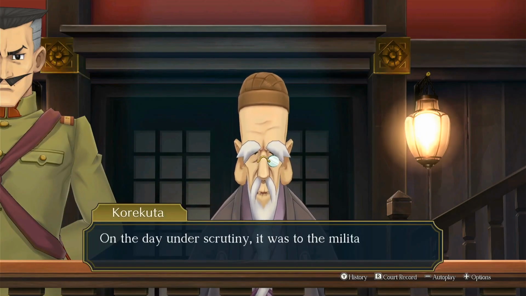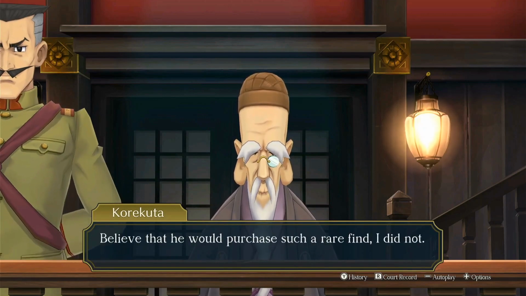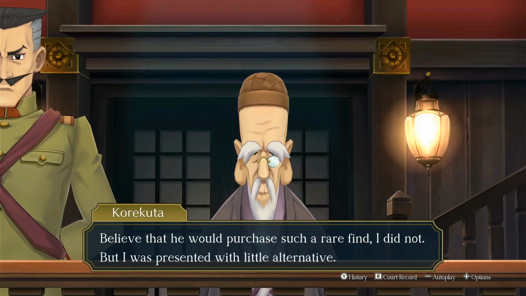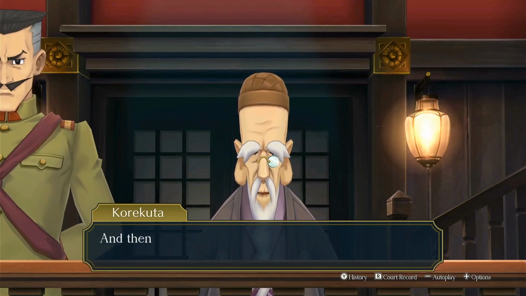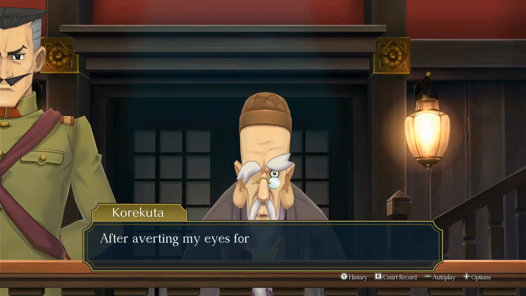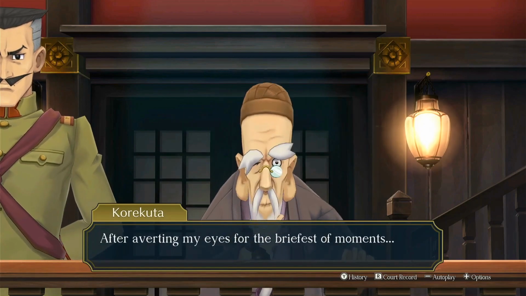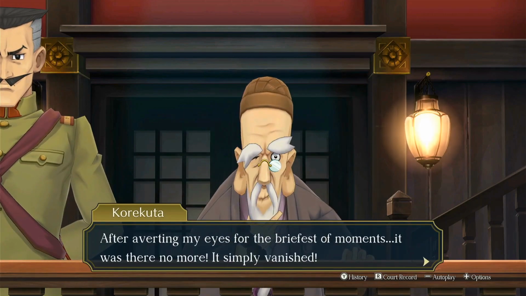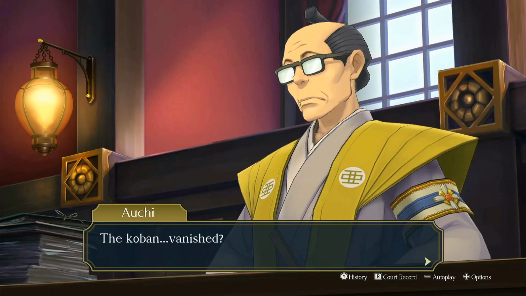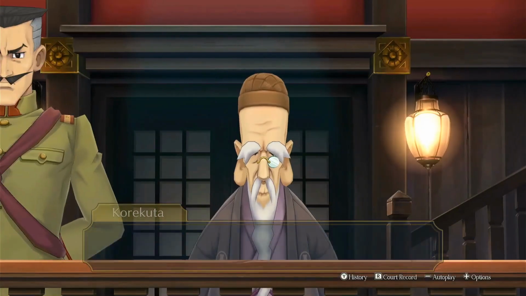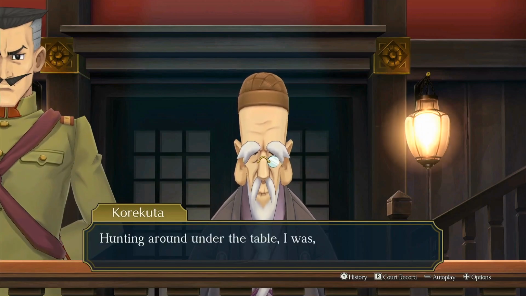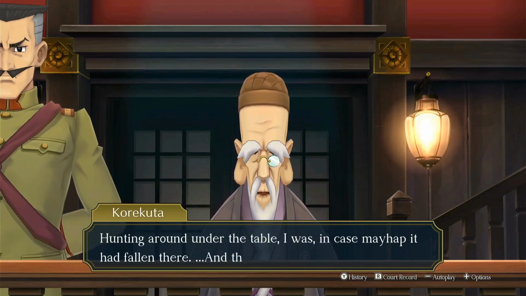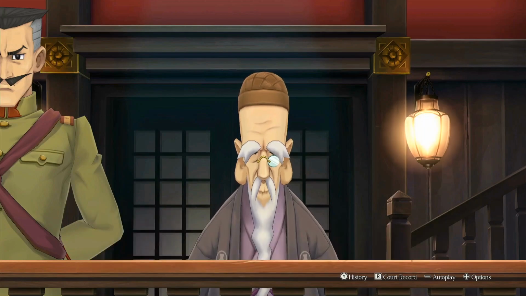On the day under scrutiny, it was to the military man that I proffered my Hoei treasure. Believing that he would purchase such a rare find, I did not. But I was presented with little alternative. And then, after averting my eyes for the briefest of moments, it was no more. It simply vanished. The Koban vanished? Hunting around under the table I was, in case mayhap it had fallen there. And then it happened.